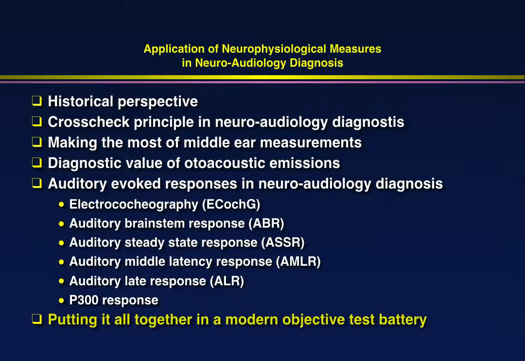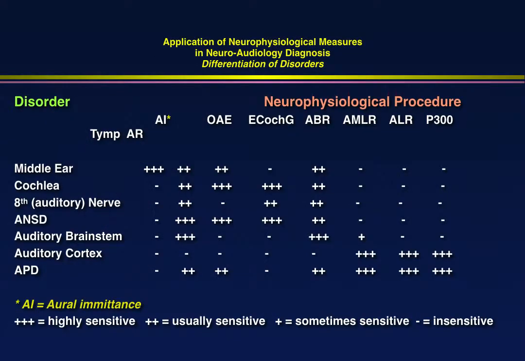Okay, two more slides with data on them. We're now going to pull it all together. The point I've been making is if we use a test battery of objective tests, neurophysiological procedures, as we've discussed, you can evaluate pretty much the entire auditory system. As shown in this slide, the plus marks indicate how useful or how sensitive the procedure is to a disorder in that area.